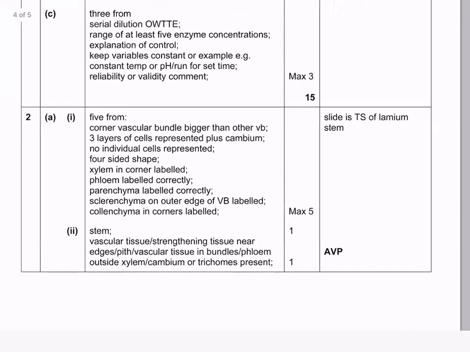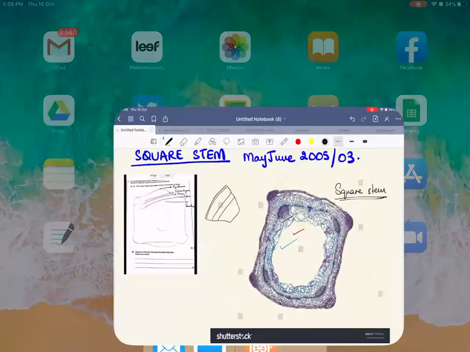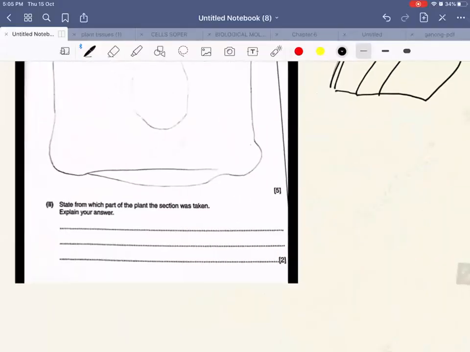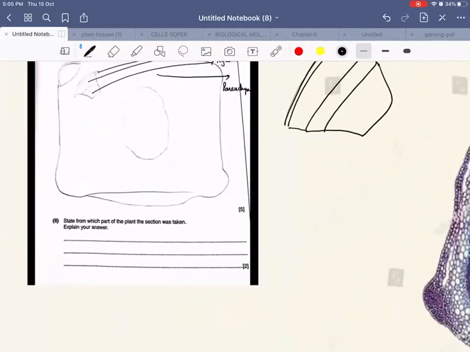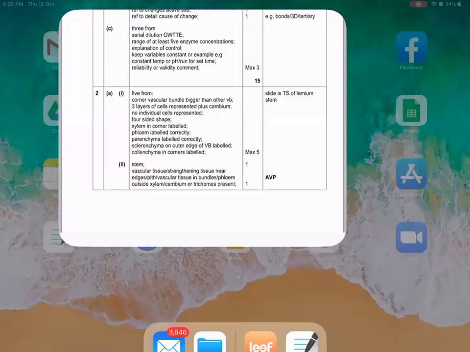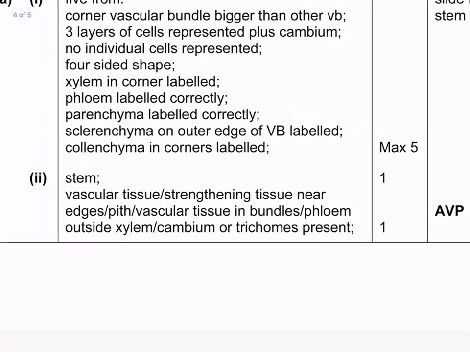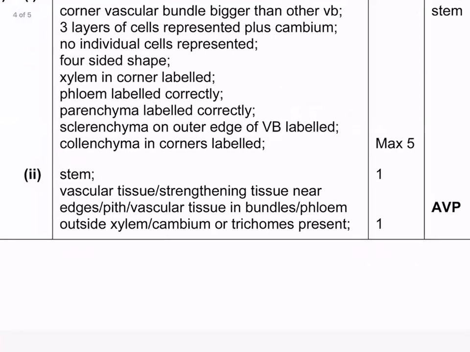Then the next question they are asking is to state from which part of the plant the section was taken. So yes, this is the stem, and the explanation that we will give should be that the vascular tissue is arranged in bundles, okay?